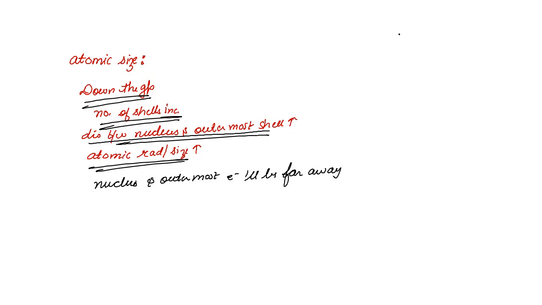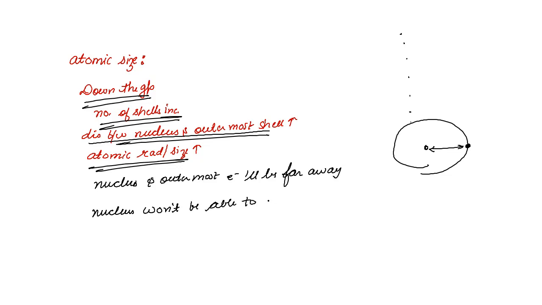So this is obvious, no? When you are going from top to bottom of the group, the atomic size increases. So the nucleus is here, whereas the outermost electron is far away from the nucleus. So the nucleus won't be able to hold the outermost electron tightly.